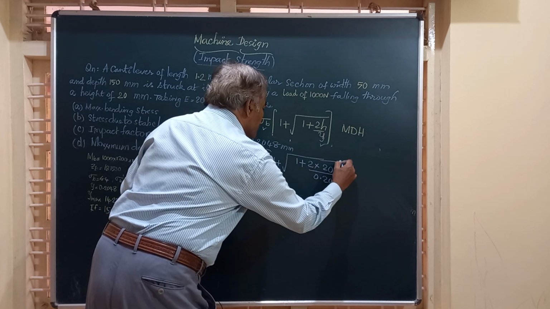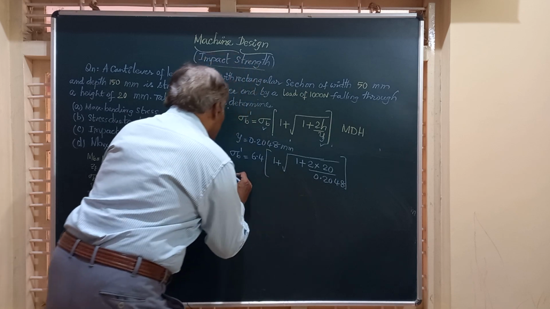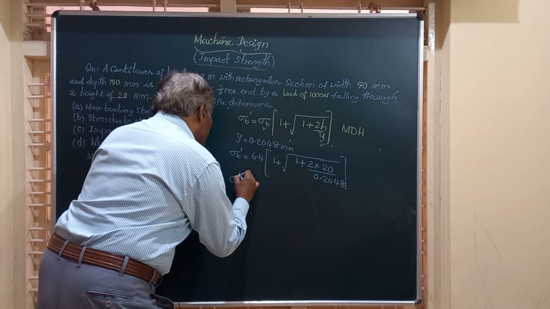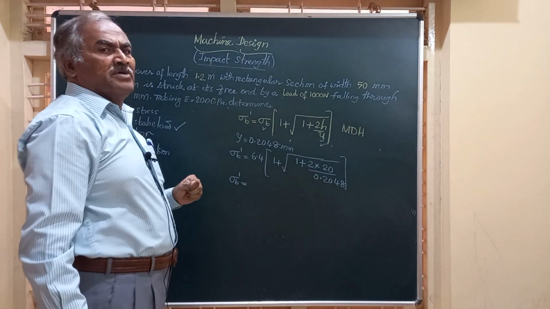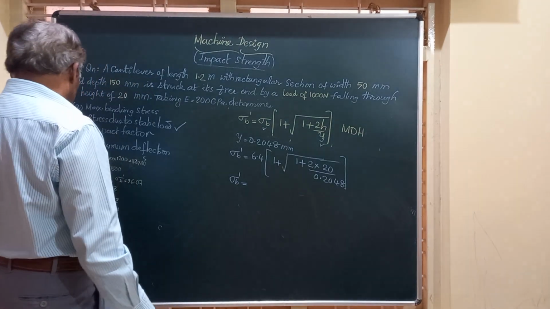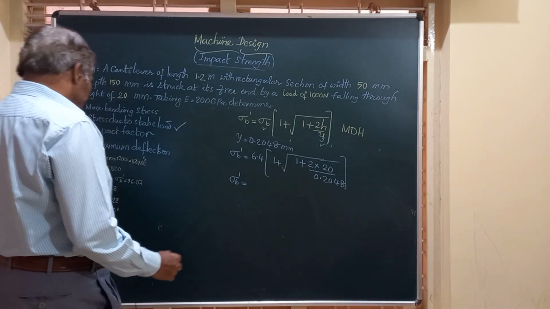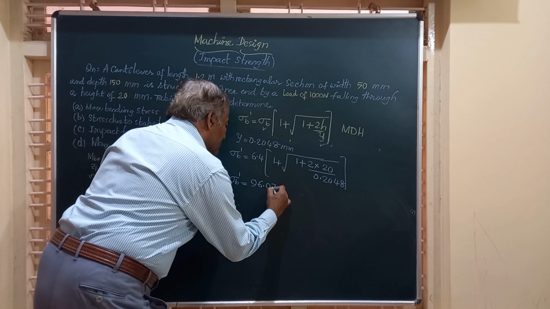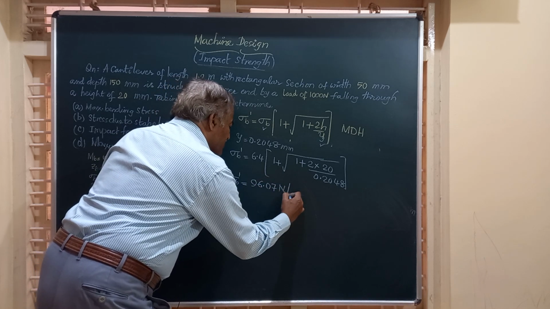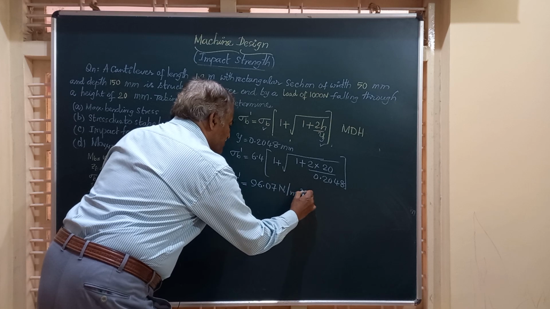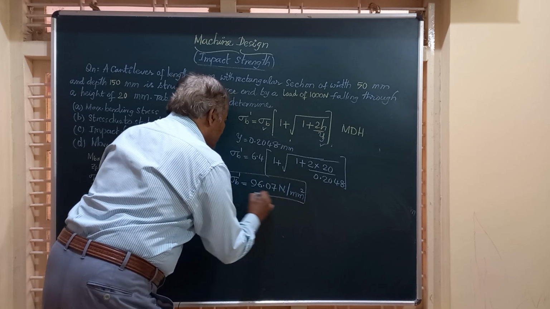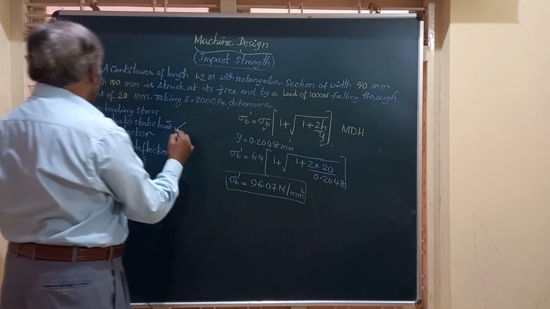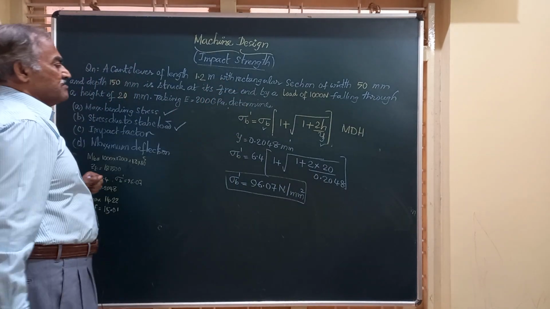Friends, if you simplify this, you get the value of sigma b dash, that is the maximum bending stress in the member, as 96.07 Newton per mm square or MPa. So friends, you have calculated the value of sigma b dash, the maximum bending stress in the member.